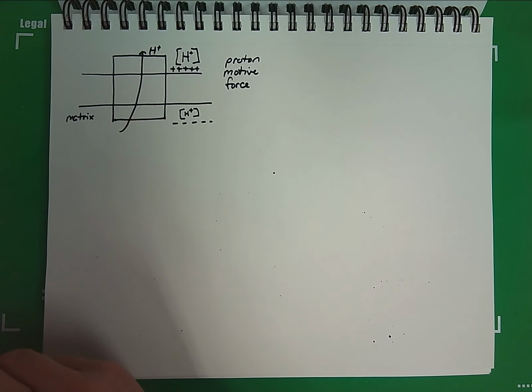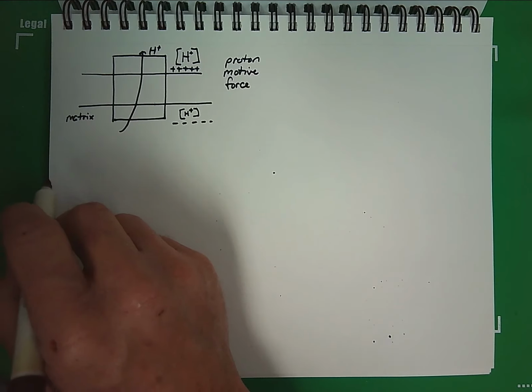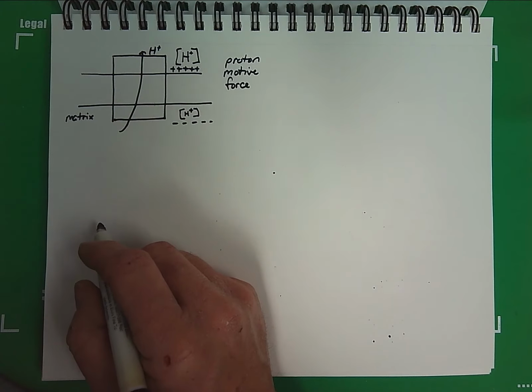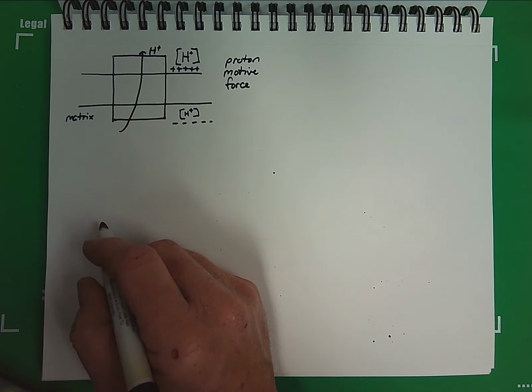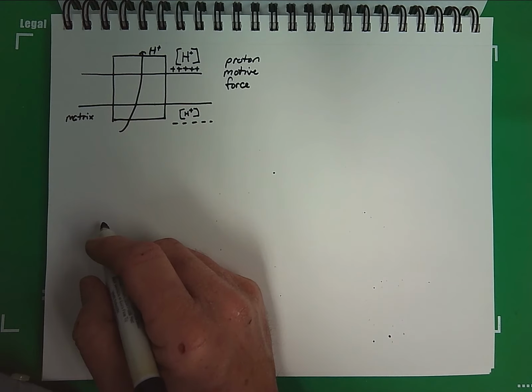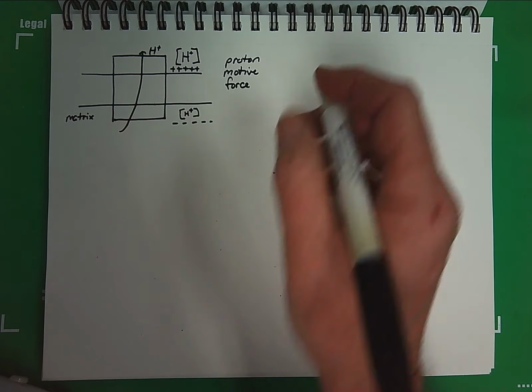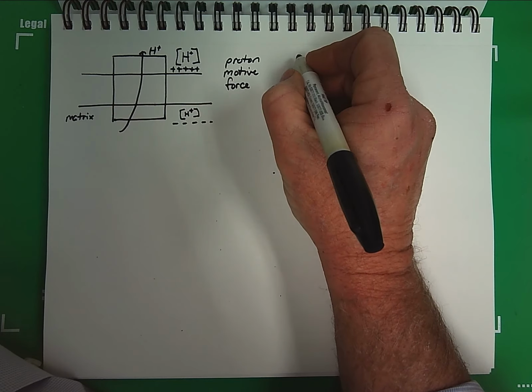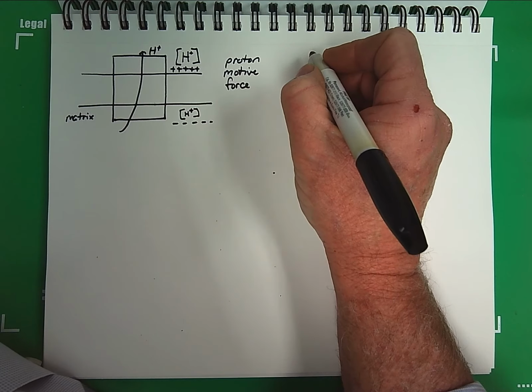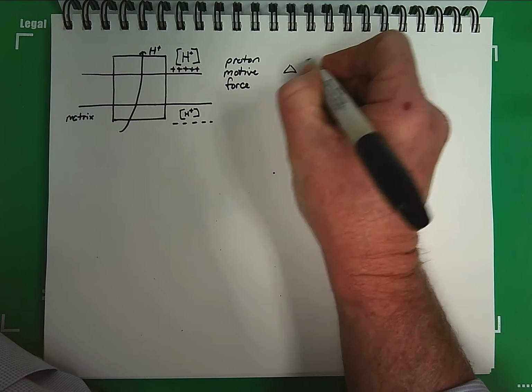Now, in order to determine the energy of this, we have to examine the free energy change of the electron movement. So how do we convert electrical potentials into standard free energy changes?